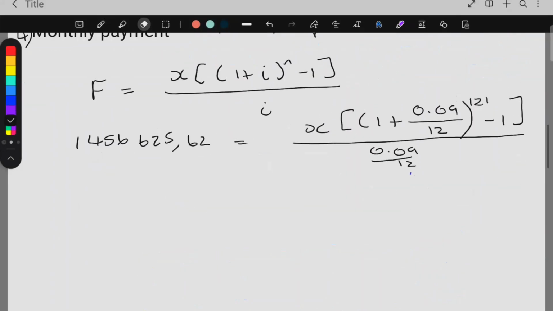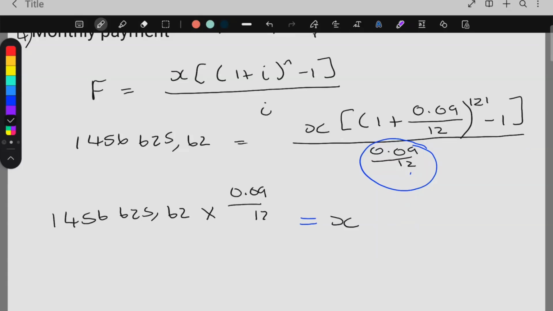And now to work out the monthly payment, grade 12, I want X by itself. So to get X by itself, I'm going to get rid of this first. So I'm going to say this amount times the interest. And then I'm going to divide everything by this whole bracket over here. So I'm going to say over the whole bracket.